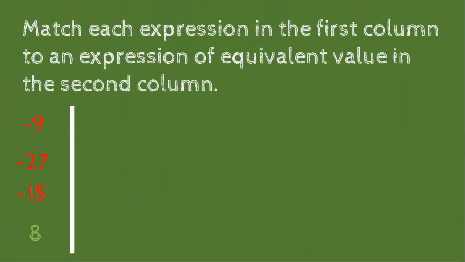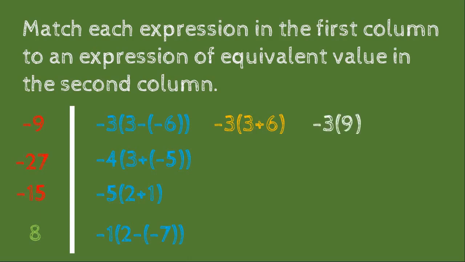And to give us a little bit of room, we move those answers to the left, and we continue with our simplification of the expressions. So again, we go 3 minus minus 6. That minus and minus becomes plus, so it's negative 3 times parentheses 3 plus 6. That becomes negative 3 times 9, and negative 27 would be the answer. Next, we do 3 plus parentheses negative 5. That just becomes 3 minus 5, which is negative 2.